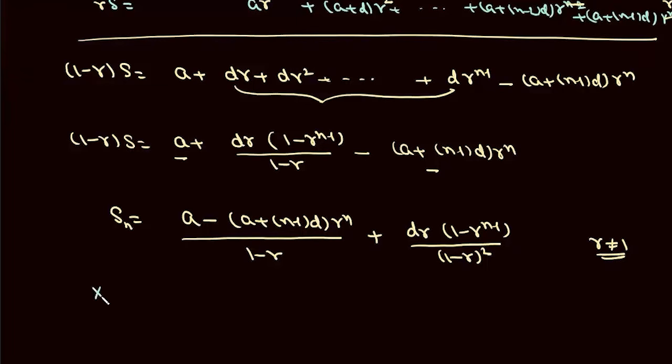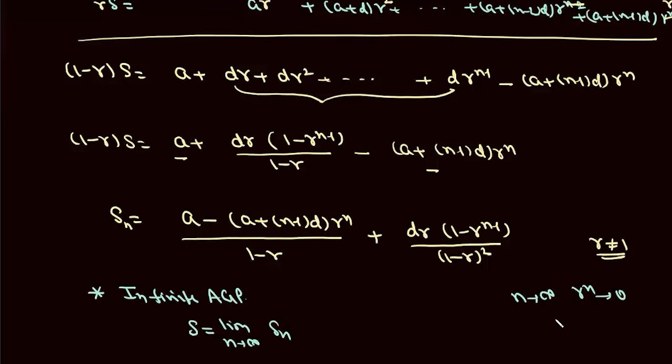And if we have an infinite AGP, we'll know this sum will converge if the limit as n tends to infinity of Sn exists. And we know that we have n with R to the power n. So when n tends to infinity, R to the power n converges to 0 if mod of R is less than 1.